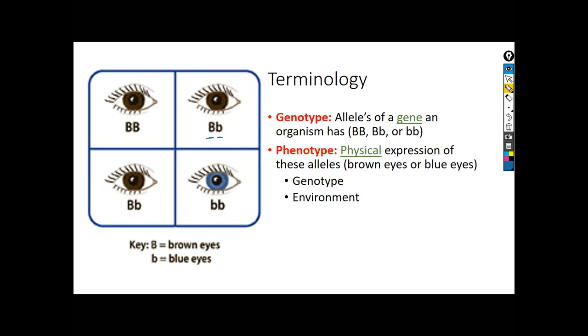So the actual codes for that. I have a capital and a lowercase, the representation, those codings. So I want to say genotype: the codes of the alleles of that gene. This will be whatever letter system that you're using. You're actually going to write that code out. That's your genotype. A lot of very specific information there.